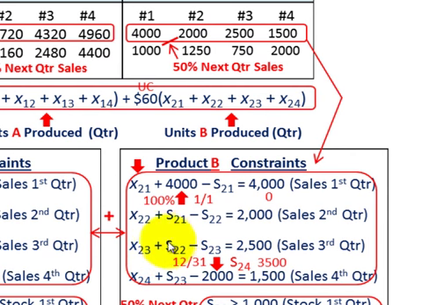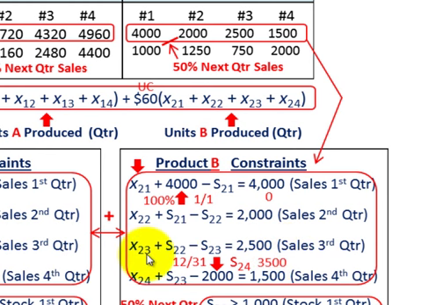Again, just add in the second quarter's stocking units, and then subtract out the stock units you're determining for the third quarter. And that has to equal 2,500 units, our sales for the third quarter.